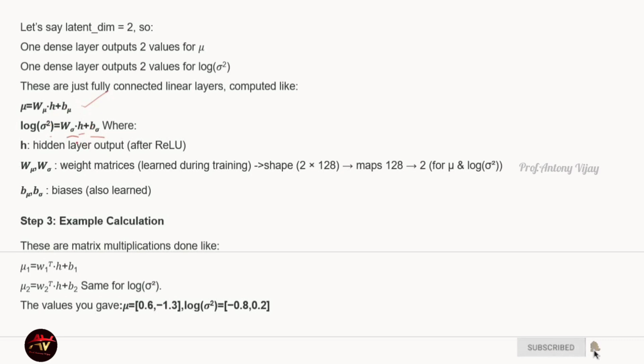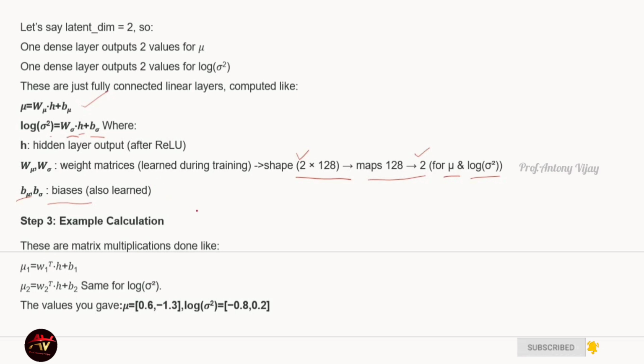W mu and W sigma are weight matrices, and the shape of the weight matrix is 2 by 128. So the 128 values are mapped to 2. The same applies for mu as well as log sigma square, and B mu and B sigma are bias values. This is how we find mu and log sigma square.